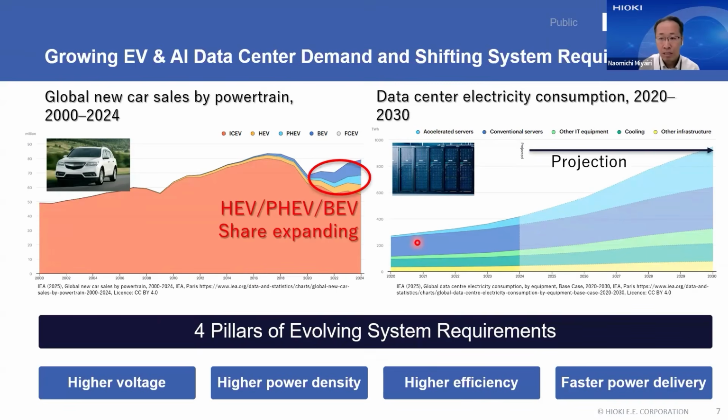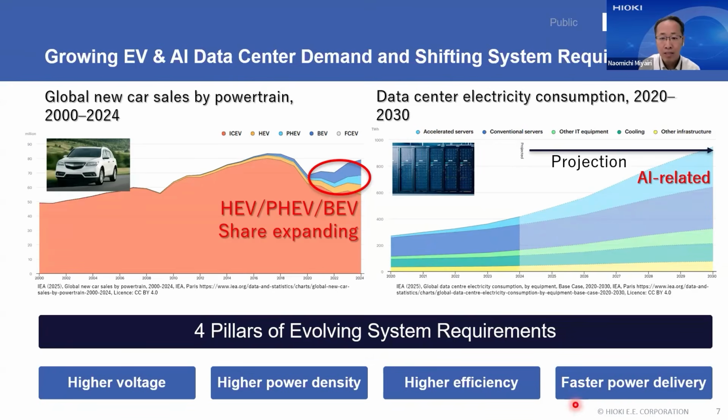And for data center electricity consumption from 2020 to 2030, the projection is for a dramatic increase driven by AI-related workloads or servers. This is happening from 2024.